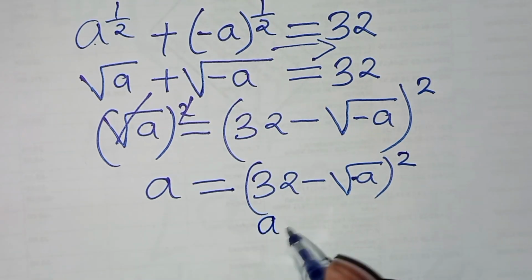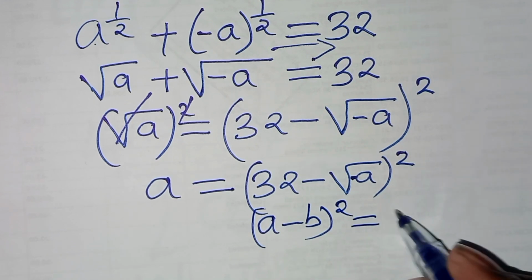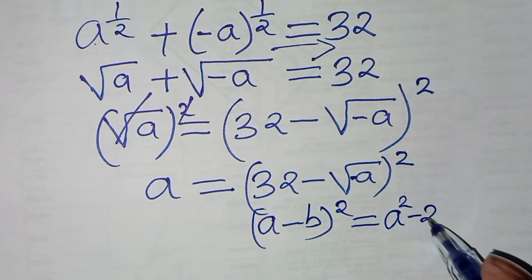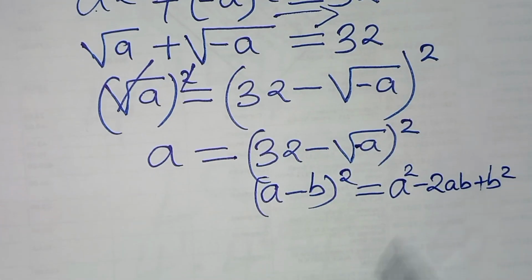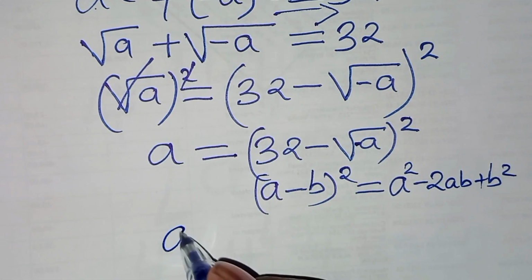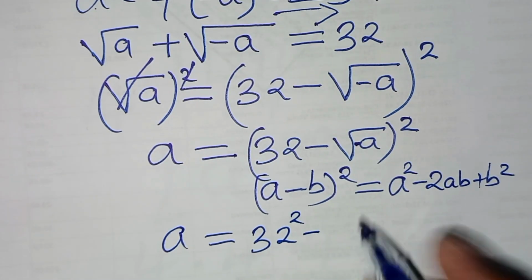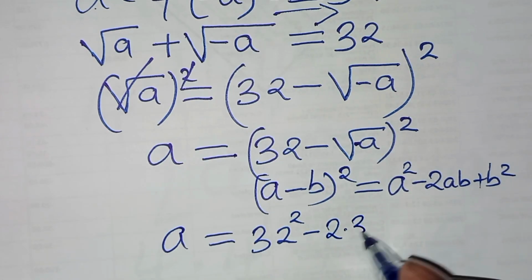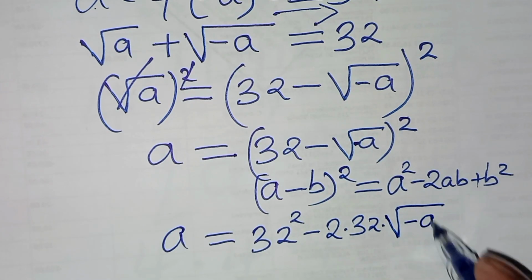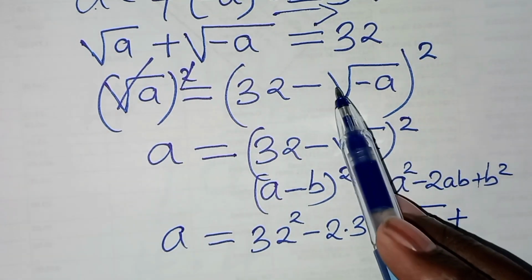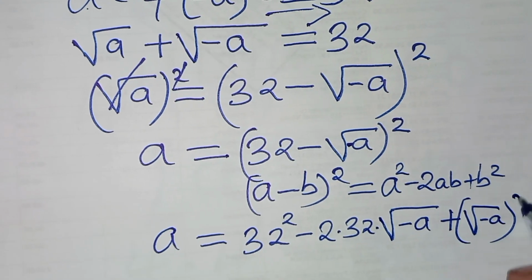This is in the form of a minus b squared, which we can express as a squared minus 2ab plus b squared. So applying this algebraic identity, we'll have a is equal to 32 squared, subtract 2 multiplied by 32 multiplied by the square root of negative a, then plus the square root of negative a squared.